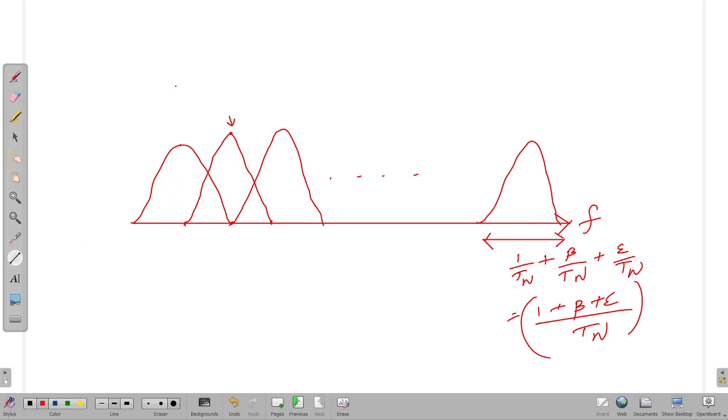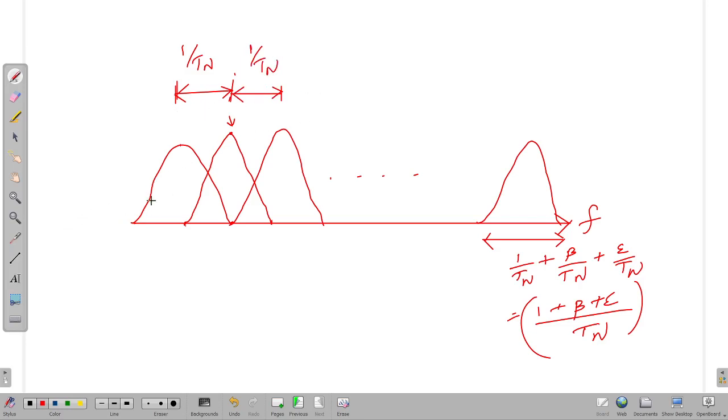So you need only a frequency separation of 1 divided by Tn here. This frequency separation is 1 divided by Tn. Again, this frequency separation is 1 divided by Tn.